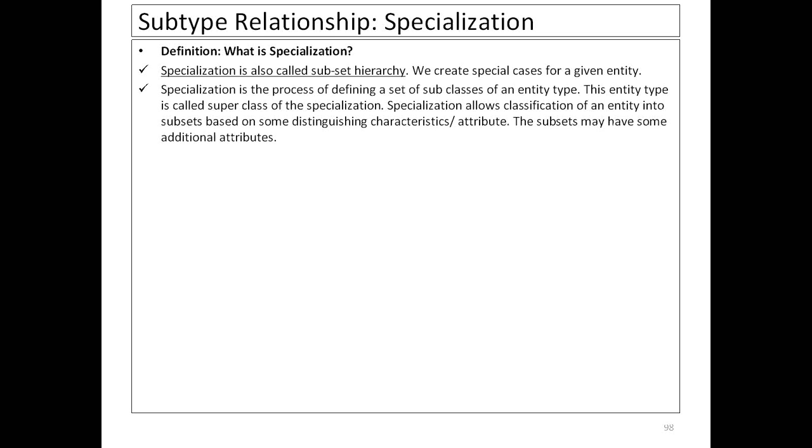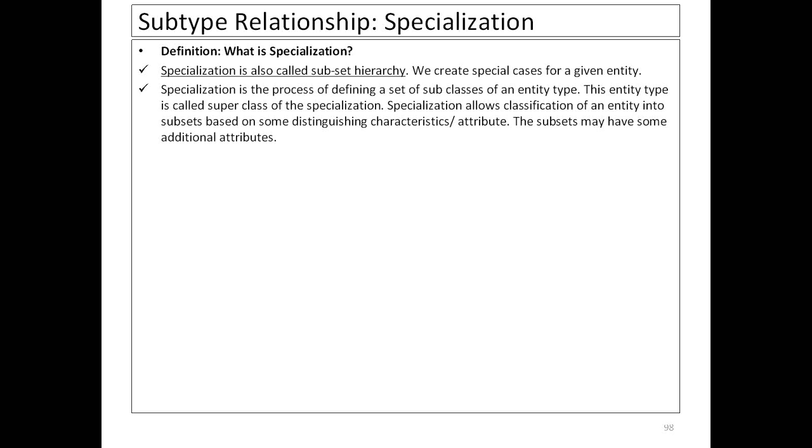What is specialization? Subtype relationship in specialization is also a kind of subset hierarchy where we create special cases for a given entity. Specialization is a process of defining a set of subclasses of an entity type. This entity type is called the superclass of the specialization, while those specialized entities are called subtypes of that particular subtype relationship.